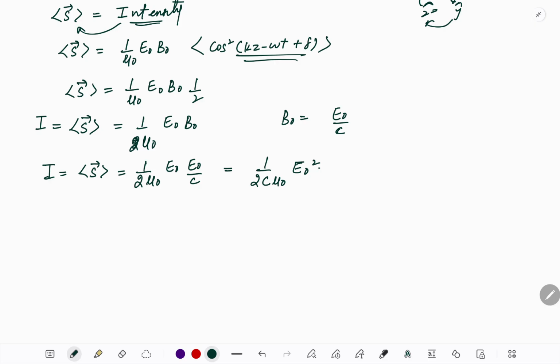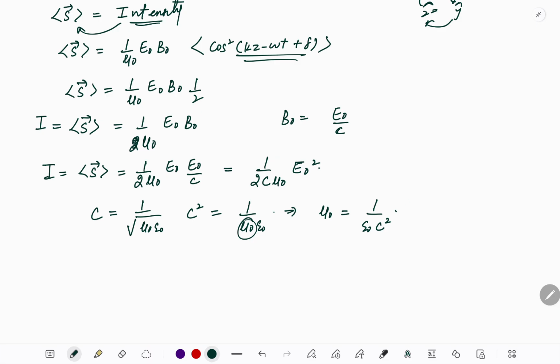So we use another equation. The speed of light is given by 1 over root of mu 0 epsilon 0. If I take the square, c square is 1 over mu 0 epsilon 0. Do I have any problem in that? No problem. We can replace mu 0, which implies mu 0 is given by 1 over epsilon 0 c square.